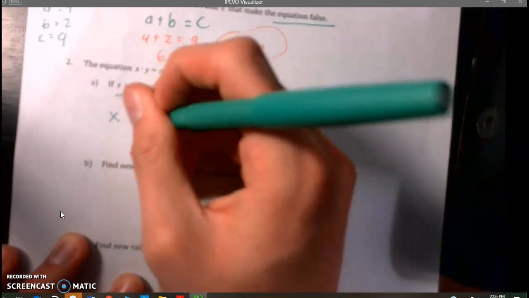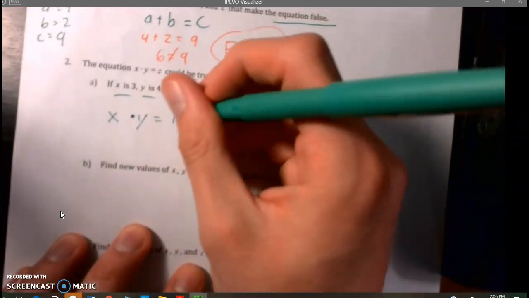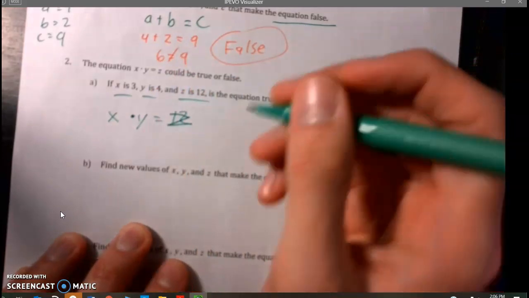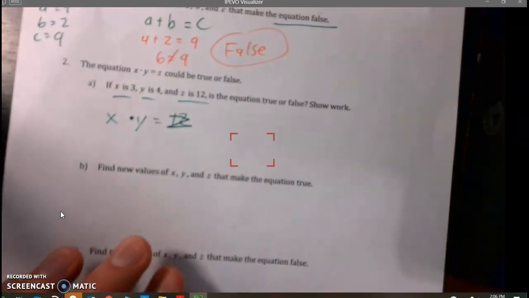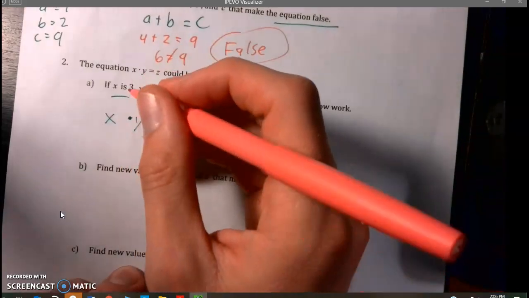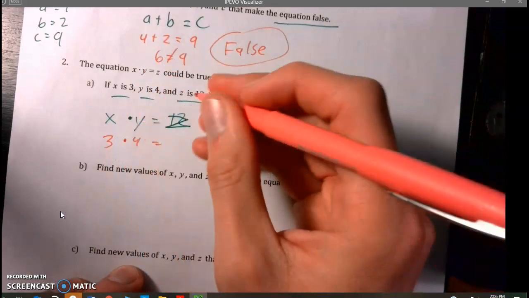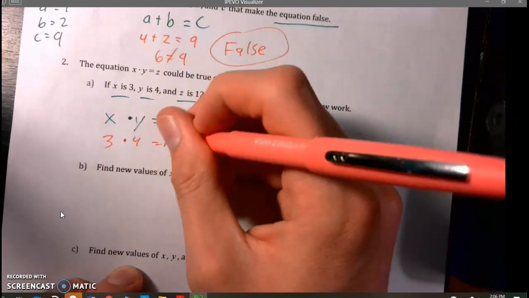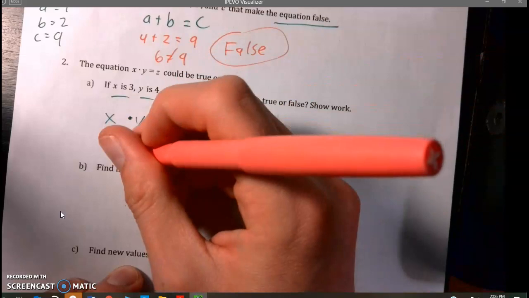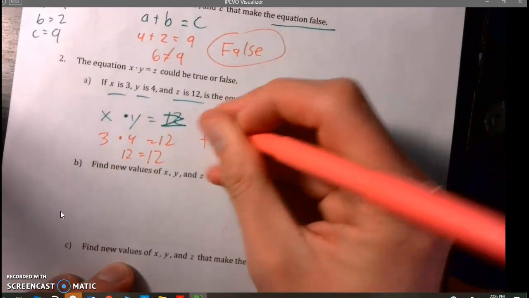So x times y equals z. That's what that should have been. I jumped ahead and was substituting in for my variable already. So I'm going to replace x with 3, y with 4, and z with 12. 3 times 4 equals 12. 3 times 4 is 12, so this was actually a true statement.